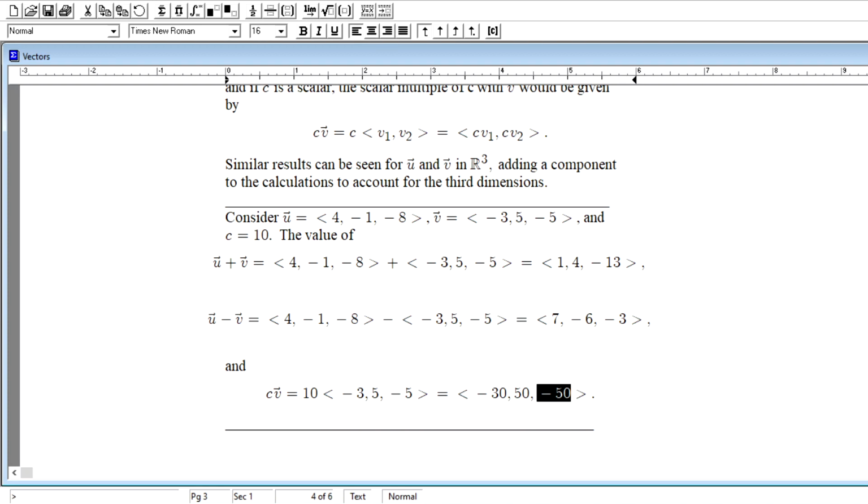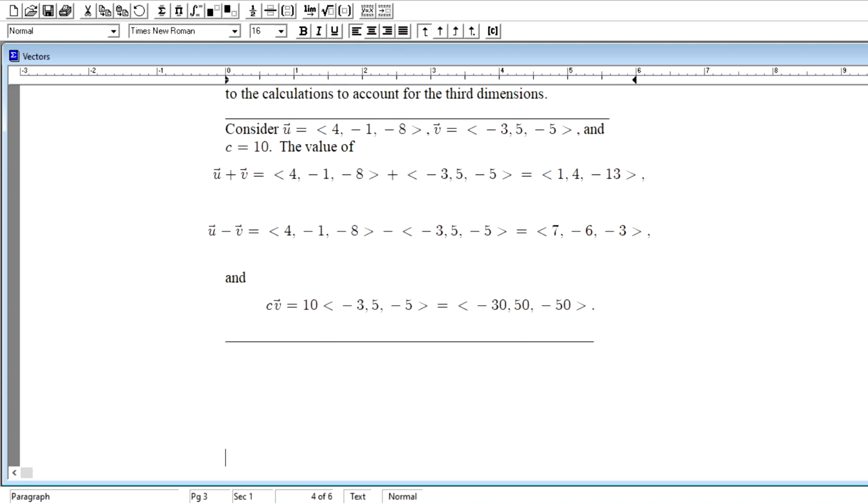As you can see, these rather fundamental operations with vectors, addition, subtraction, and scalar multiplication, happen rather intuitively and are really what you might quite expect their behavior to be.